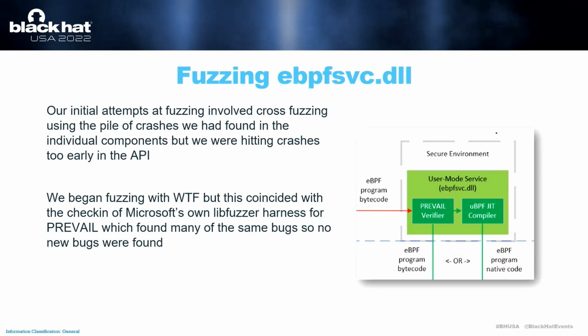So these components are sitting inside this eBPF service DLL, and we fuzz that both with WTF, but actually once we got to this component, Microsoft started doing their own fuzzing sometime in late May, June, and ultimately the bugs weren't reachable or they were already patched, and so the eBPF service itself, the PPL service, turned out fairly clean as far as exploitable bugs go.